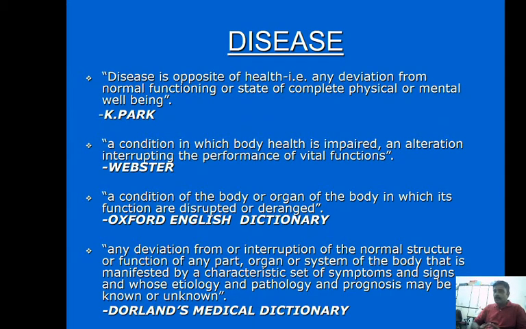But there are a lot of unknowns still in this particular disease. So that's what a disease is. It is an opposite of health and it forms a complex of interruptions to a structure or part of the structure or functioning of an organ system or part of the body.